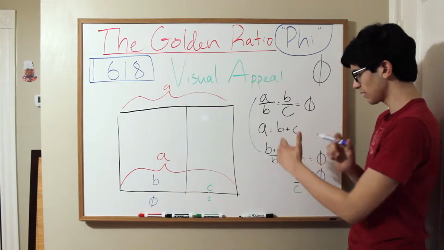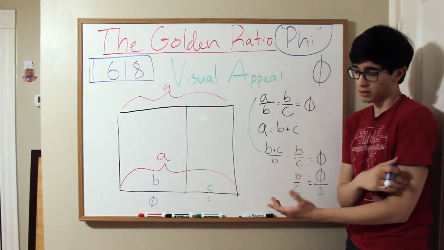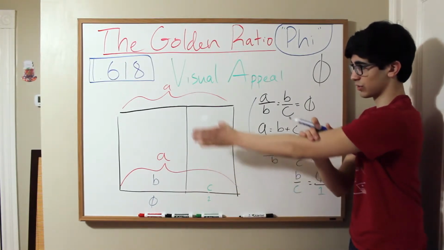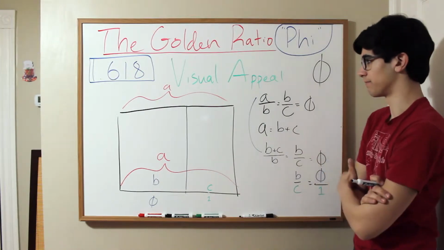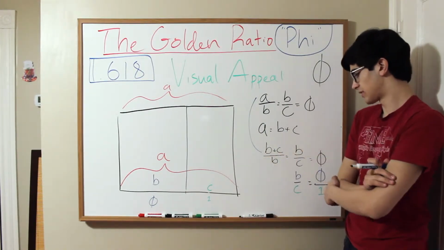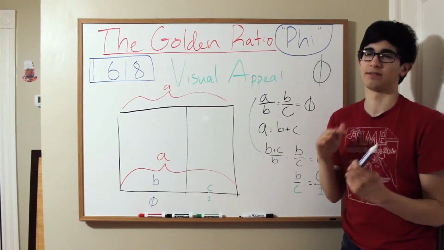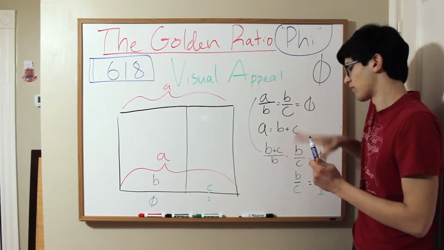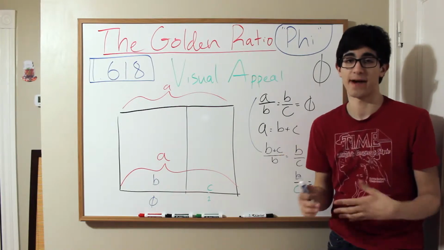Because if we only define it in terms of B and C, which is literally what I made my rectangle out of, B plus C over B equals B over C equals phi.